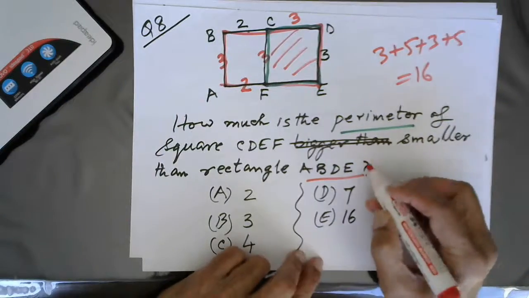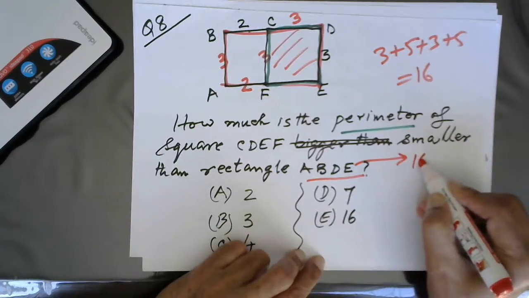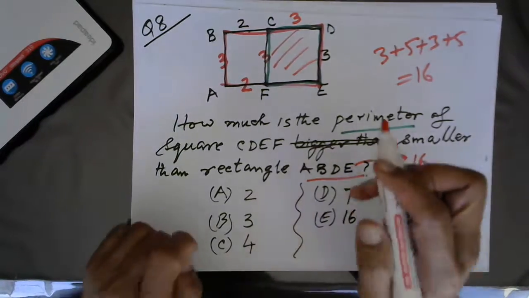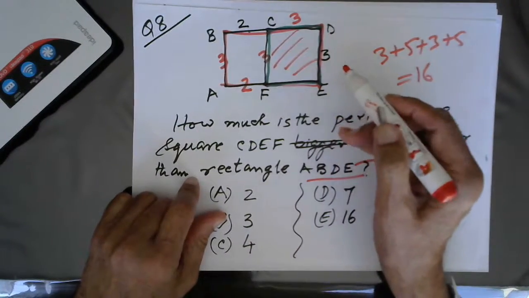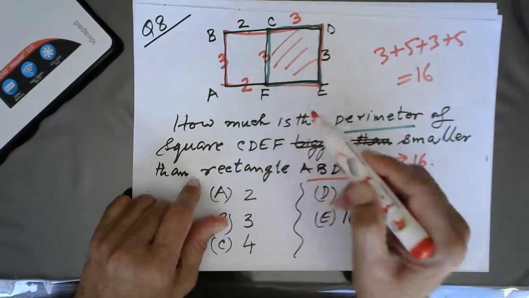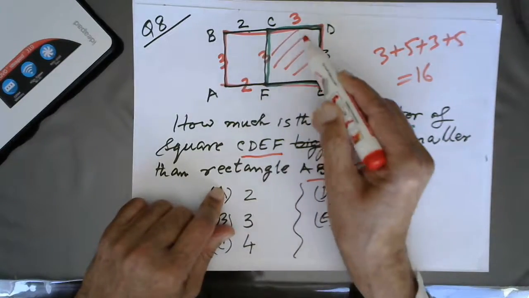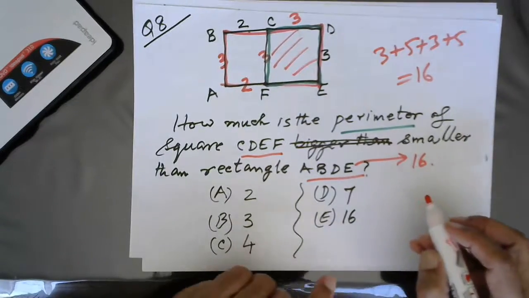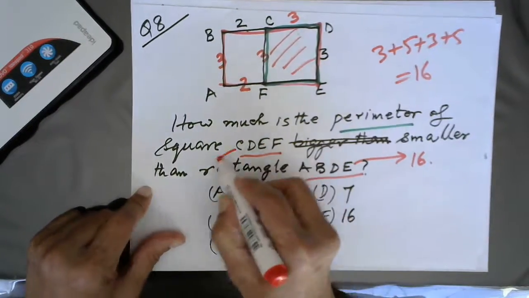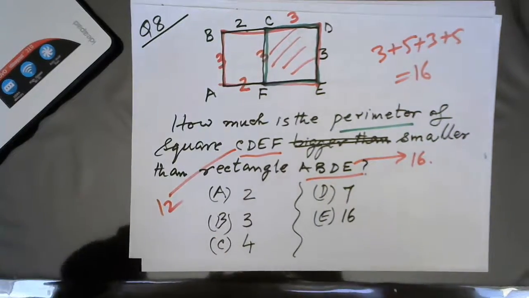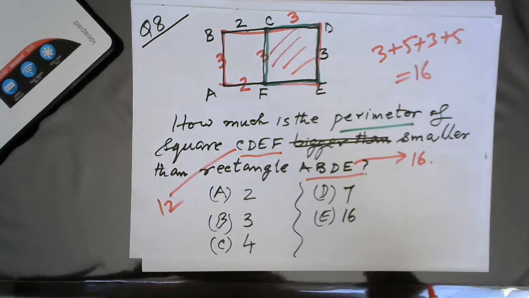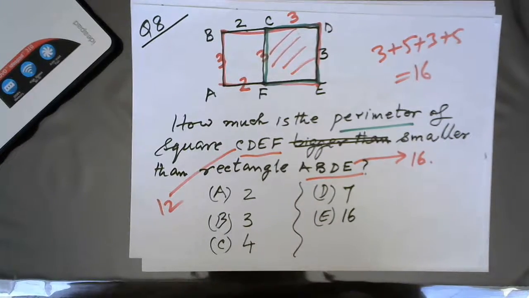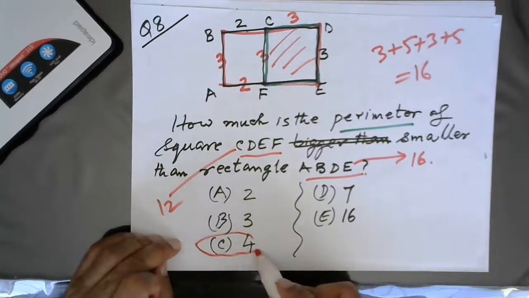So the perimeter of this is 16, whereas the perimeter of square CDEF is 3 plus 3 plus 3 plus 3, which is 12. So CDEF, the perimeter is 12. So if you subtract 12 from 16, you will get the difference, and which is C.